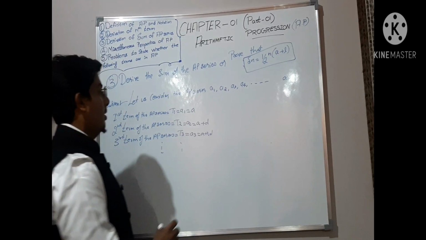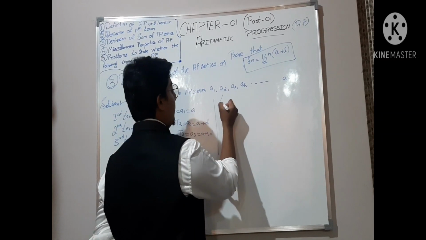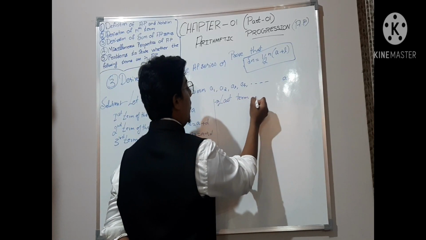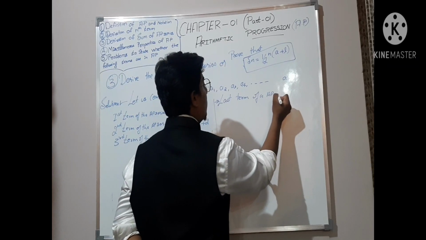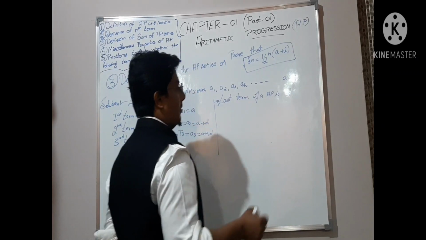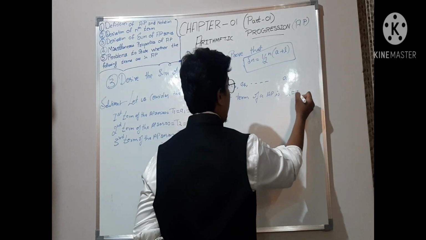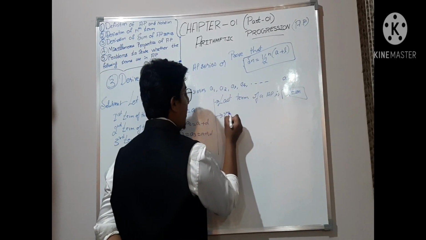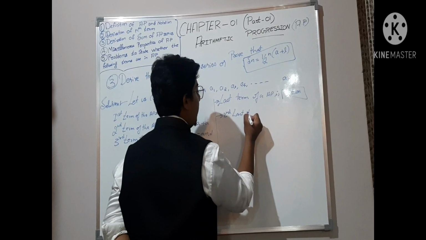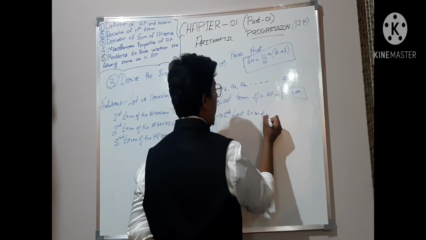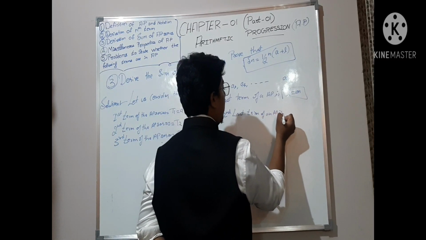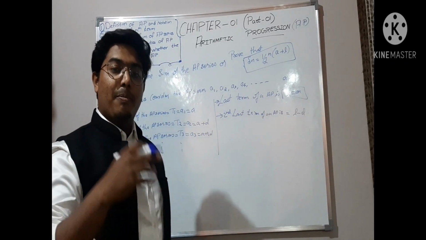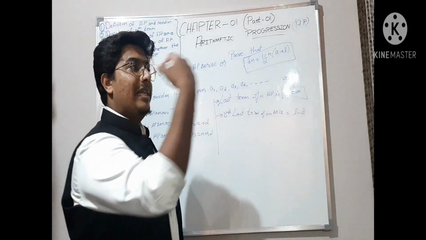We also have the last term of an arithmetic progression, which we will give as L. L is nothing but An. So the second last term of an AP is L minus D. L minus D plus D is L, so L is the last term.